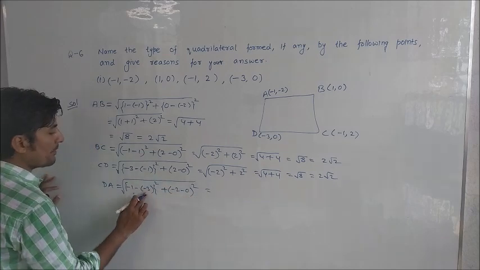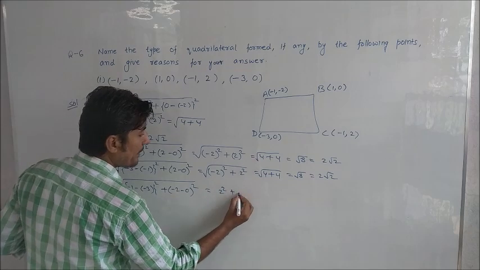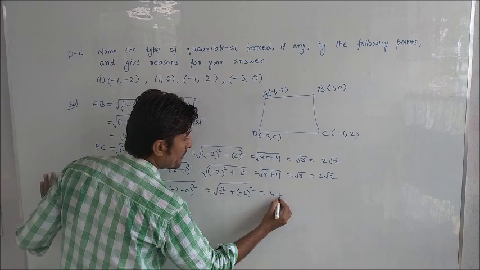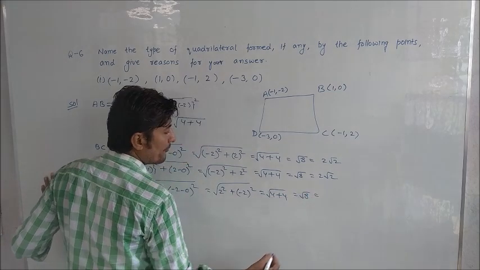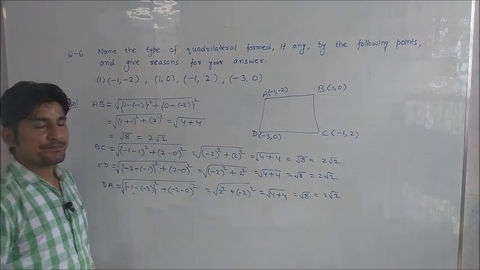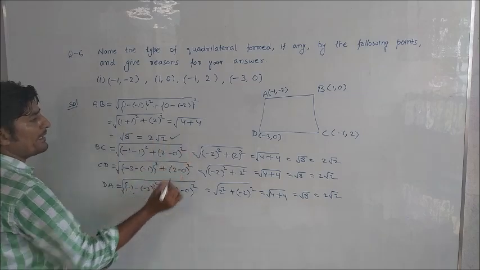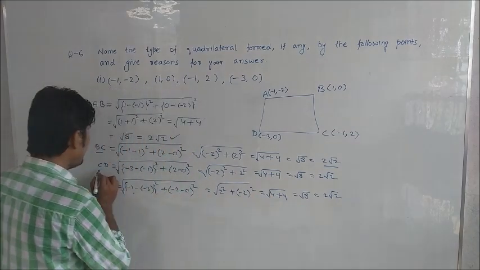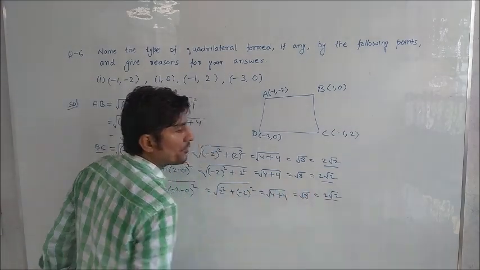Here we can write -1 plus 3 is equal to 2 square, and here we can write -2 square. 4 plus 4 is under root 8, that will be written as 2 under root 2. So here we can observe that the measurement of AB is 2 under root 2, BC again 2 root 2, CD is 2 root 2, DA is also 2 root 2.